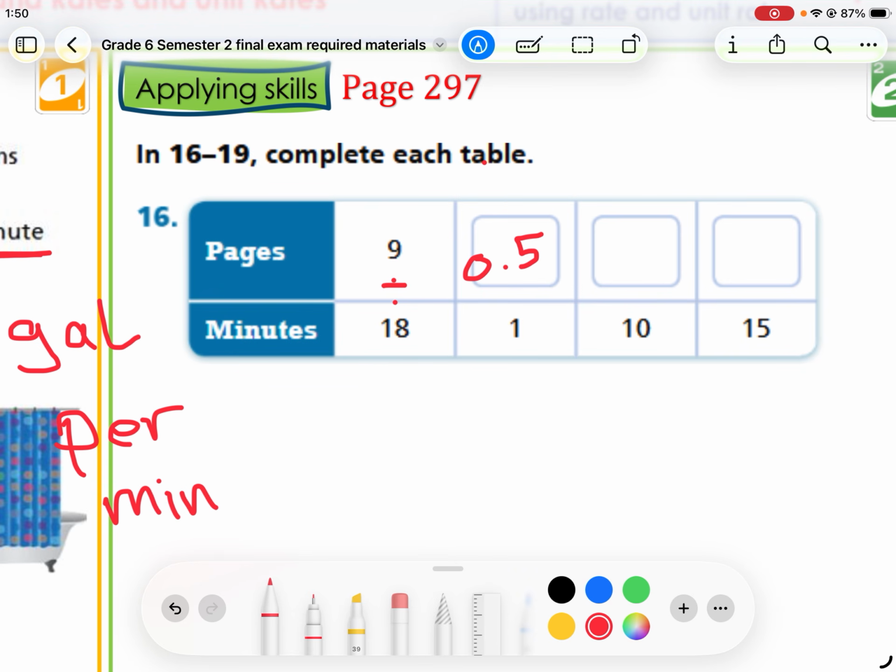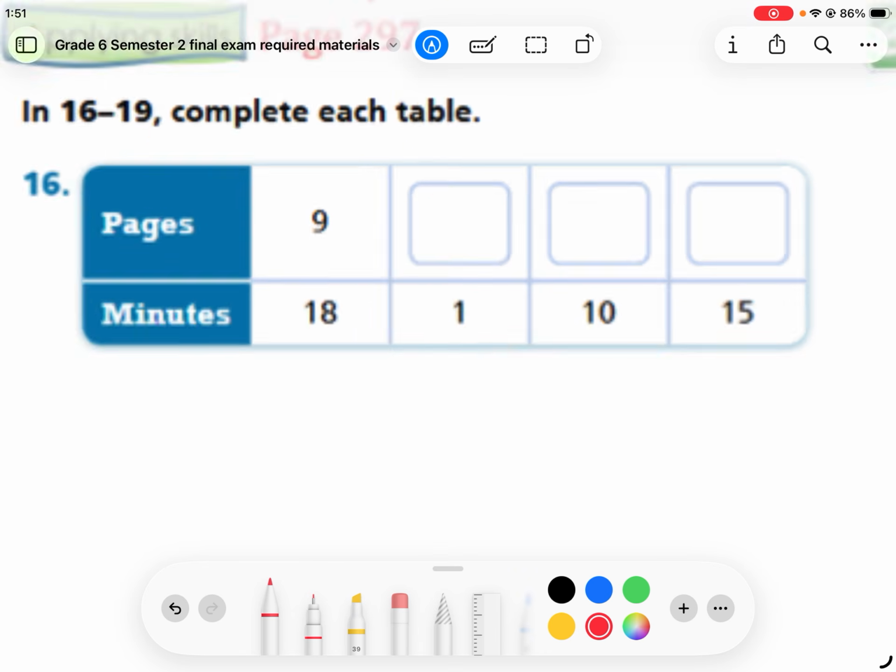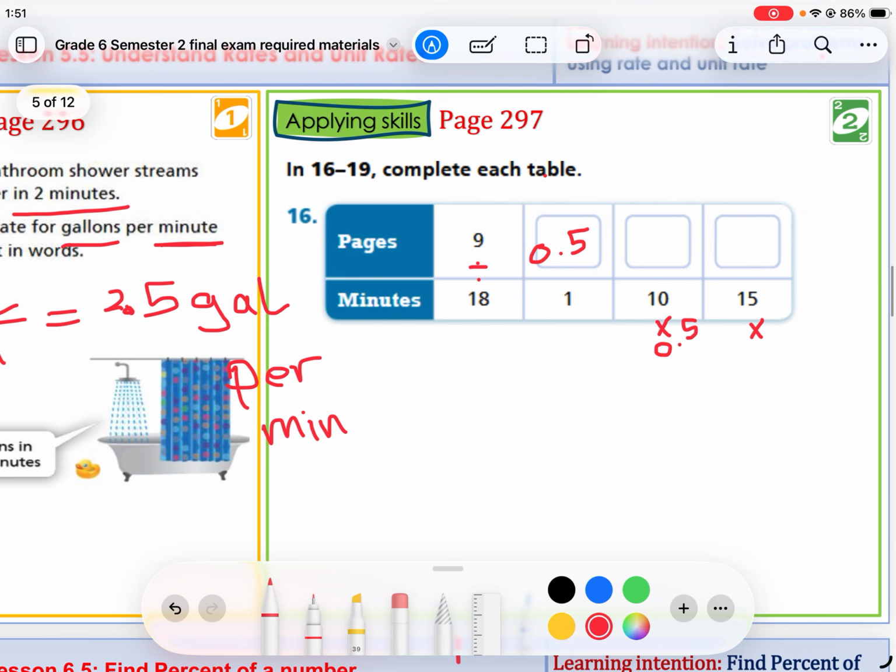So step number 1, for this case only, you're going to find the unit rate, and then you're going to multiply each number with the unit rate in order to get the number of the pages. So think, what's 10 times half? What's 15 times half?